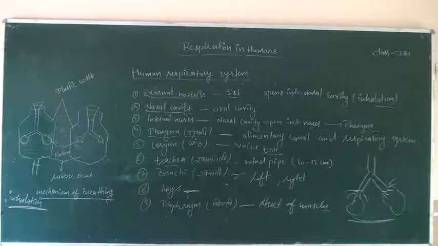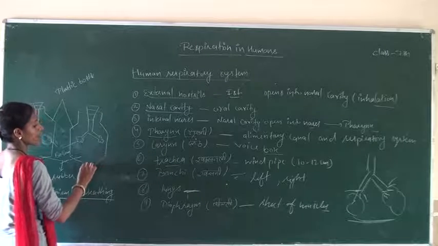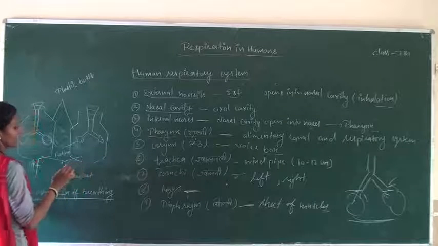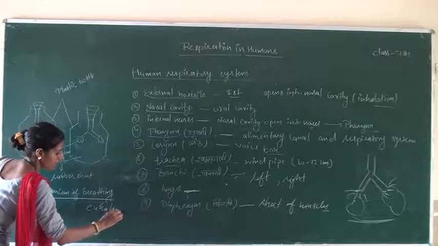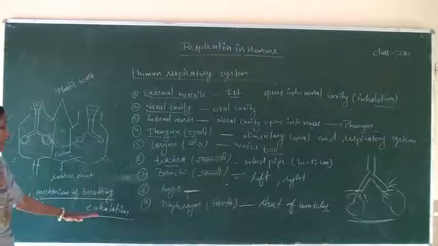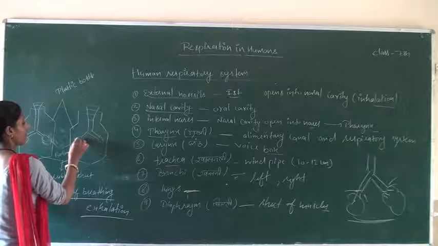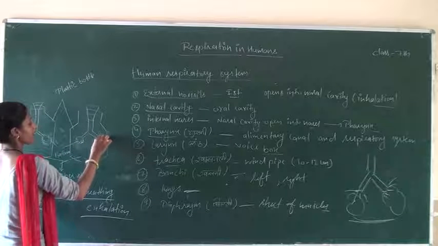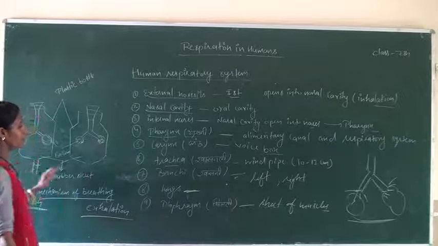In the second case, when we push the rubber sheet upward, the process of exhalation takes place. In exhalation, carbon dioxide gas is released out and the balloons decrease in size, or deflate.